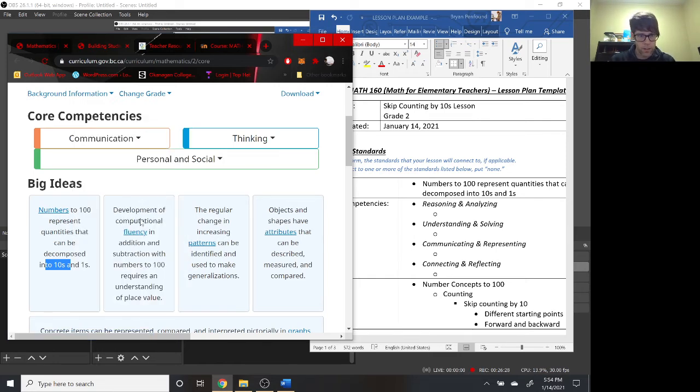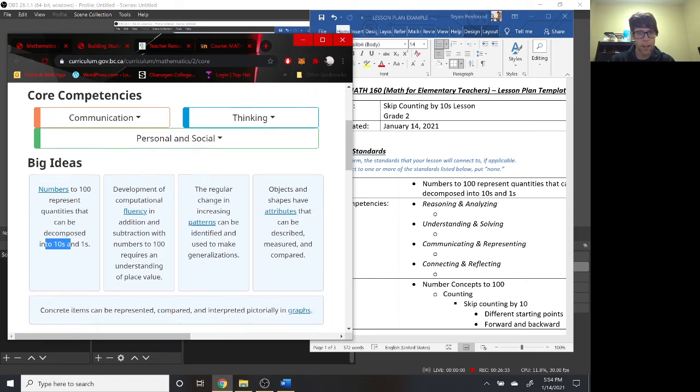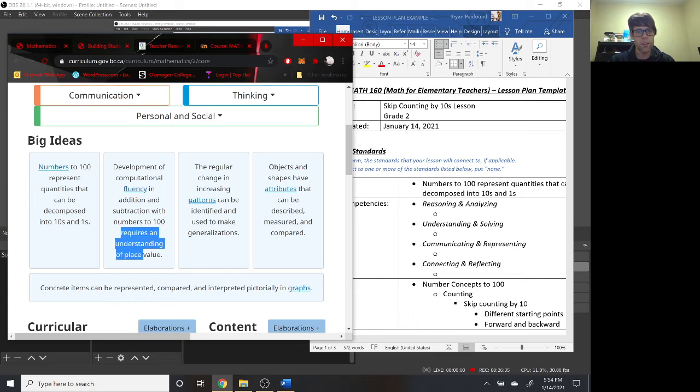Okay, anything else in here? Fluency in addition and subtraction with numbers requires an understanding of place value. We're not really doing any work with addition and subtraction, so I don't think that big idea is going to connect to us.